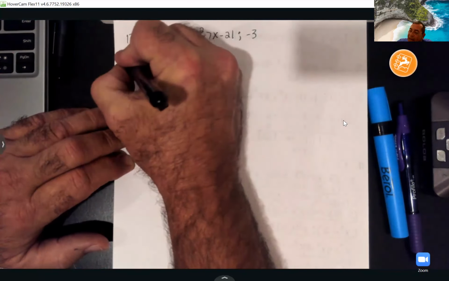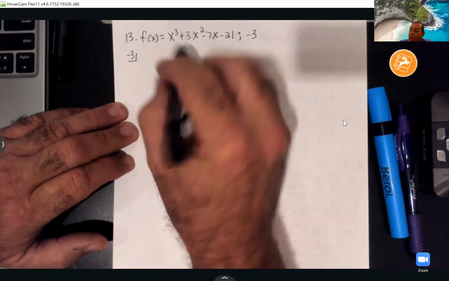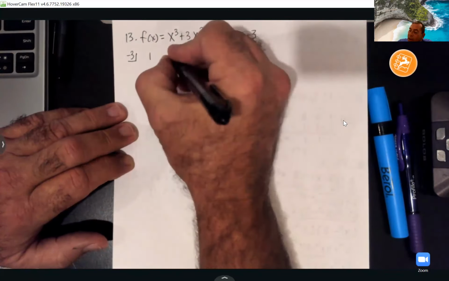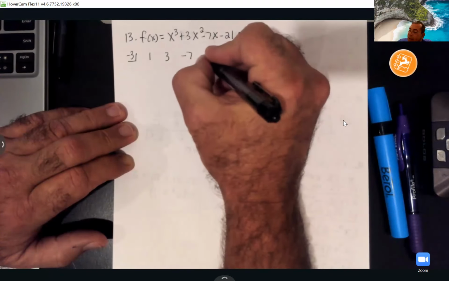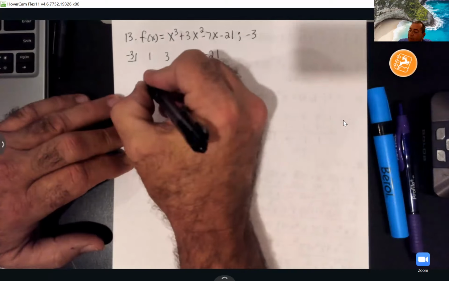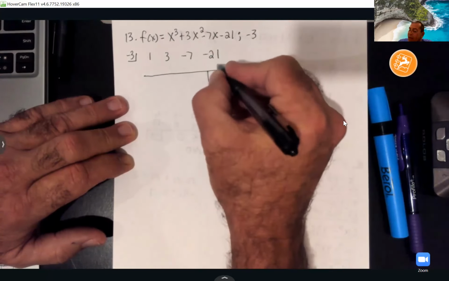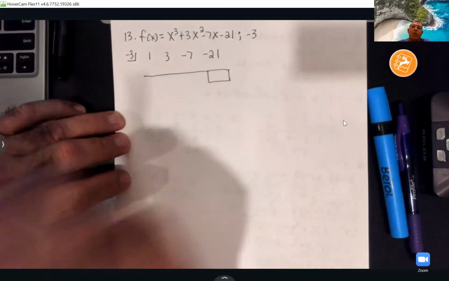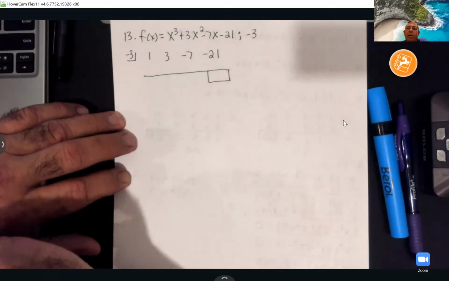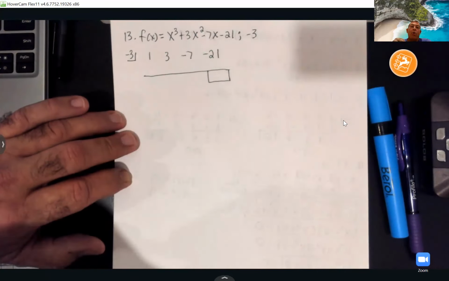So you're going to try -3. My coefficients are 1, 3, -7, -21. Remember, this last section will be my remainder. We're looking for what 3 numbers we'll get right here to do our quadratic stuff, either factoring, quadratic formula, or square root.